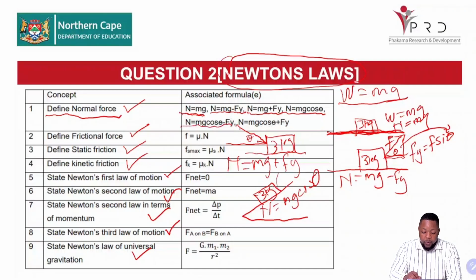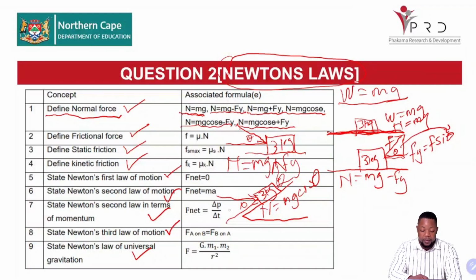That will be when the object on an incline is being pulled by a force at an angle upwards. Then we also have mg cos theta plus Fy. So that will be when there's a force pushing this object on an incline at an angle that is towards the incline. So those are the scenarios where we are going to look at the normal force with the formulas that are given there.